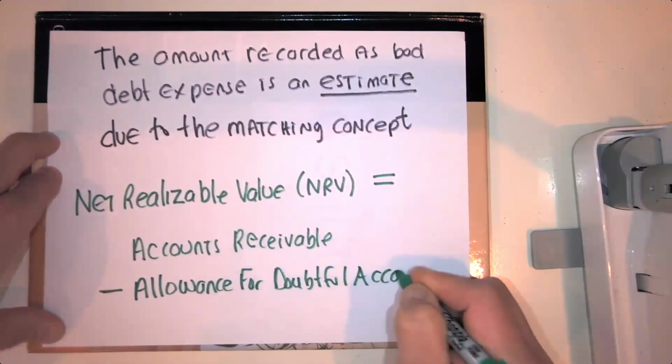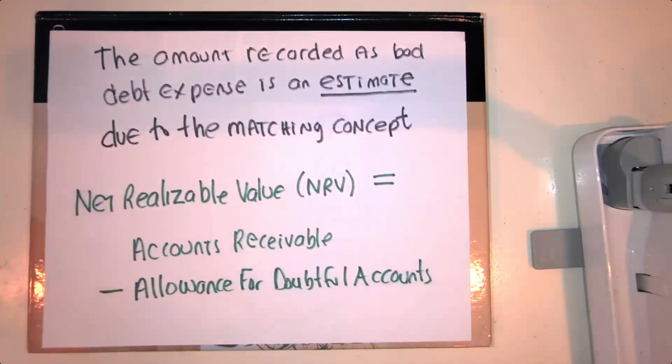Accounts receivable minus the allowance gives us something called the net realizable value.